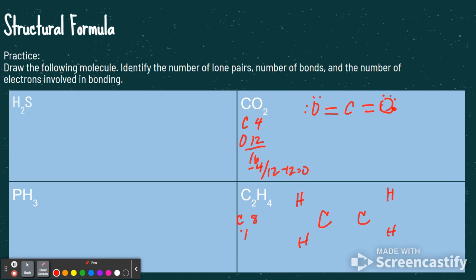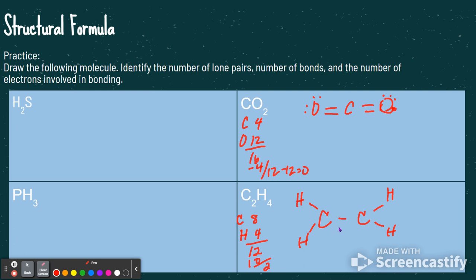And my hydrogens are 1 each, and there's 4. So that makes 12. I'm going to put a single bond between everybody. 1, 2, 3, 4, 5 bonds. And that's 2, 4, 6, 8, 10 electrons. So that's 10 here. So I'm down to 2.